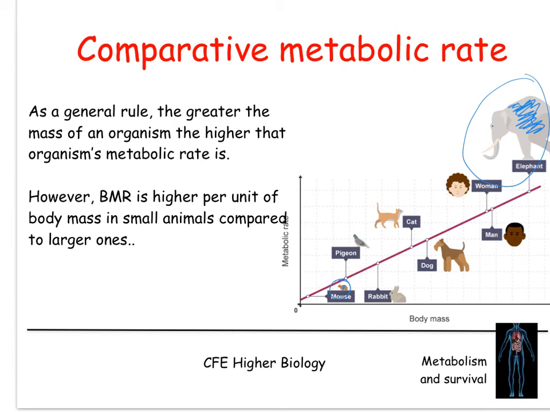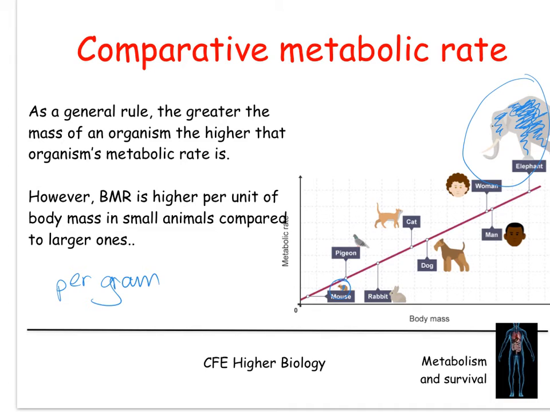It's going to have to eat an awful lot more, and because it's got all this tissue, there's going to be an awful lot more metabolism going on there. But when we come to actually look at the mouse tissue and elephant tissue per gram, we get a surprising thing.